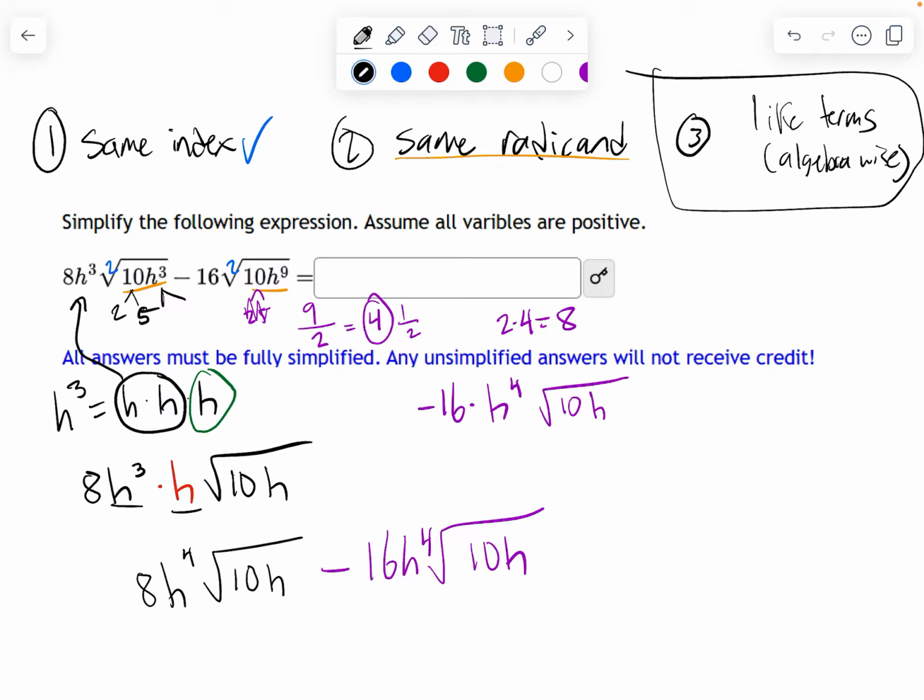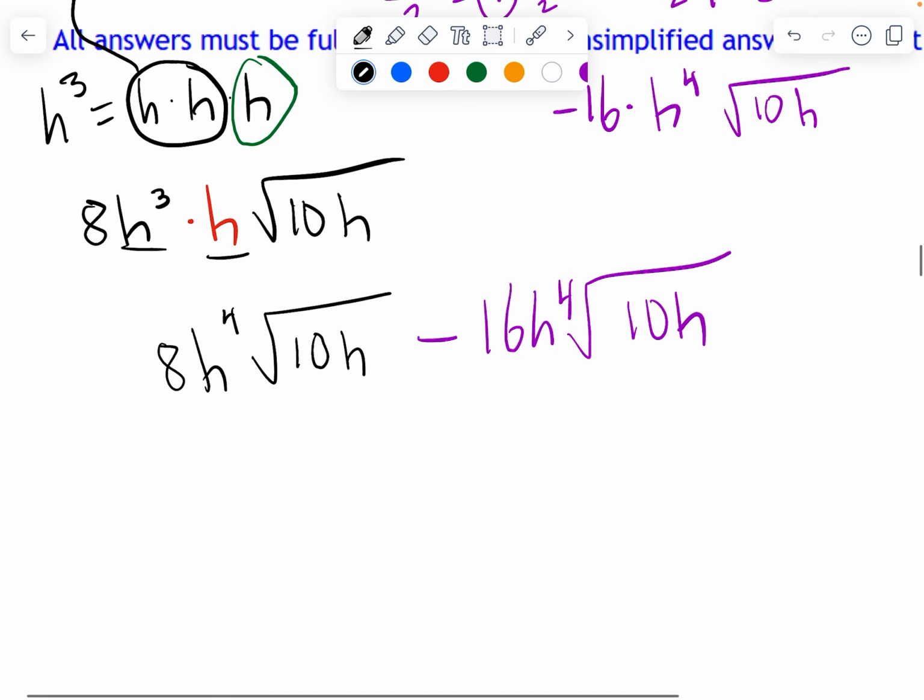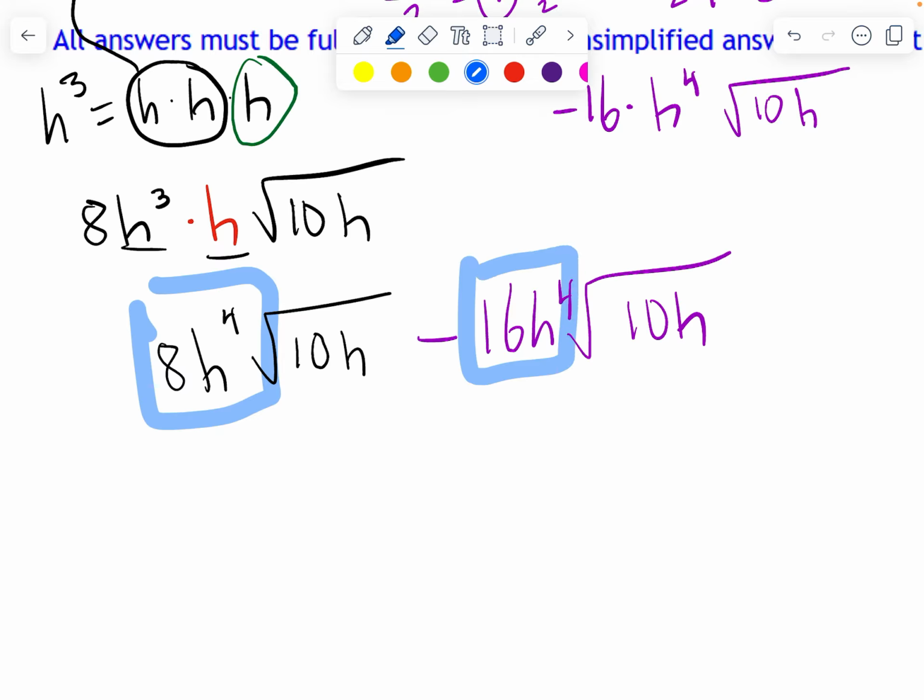But it's kind of like the idea of x plus 4. The x and the 4 can't combine because only one of them has the x. Now, if there is an x on that 4, then yeah, those two can combine, right? We also have to worry about that with radicals. And the question is, can I combine 8h to the fourth with a 16h to the fourth? Yes, because they both have h's and they're both to the fourth power. So that's something we also want to look out for.